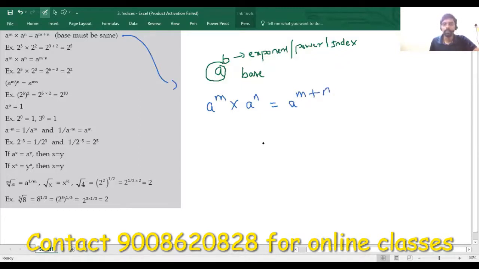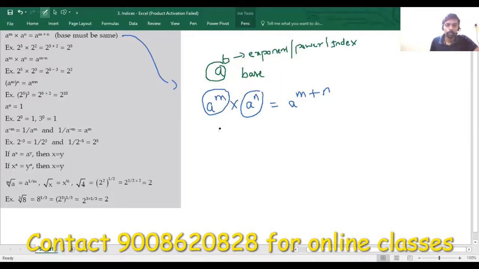This is the first law of indices. The base should be same, and if you have multiplication sign, you need to add the exponents. So here the exponent is m and here the exponent is n. When the bases are same, you should add exponent. So it's a to the power m plus n.